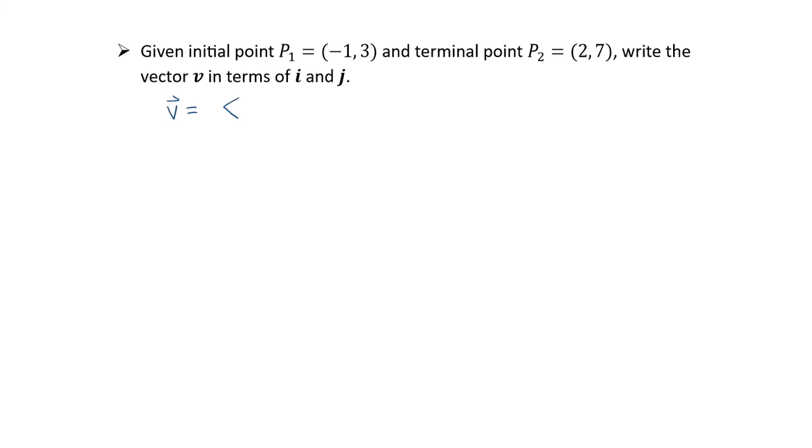The position vector will be 2 minus -1 and 7 minus 3, and this gives us the vector ⟨3, 4⟩ as a position vector that started at the origin. So vector v can be written as 3i plus 4j, where my i and j are both the unit vectors.